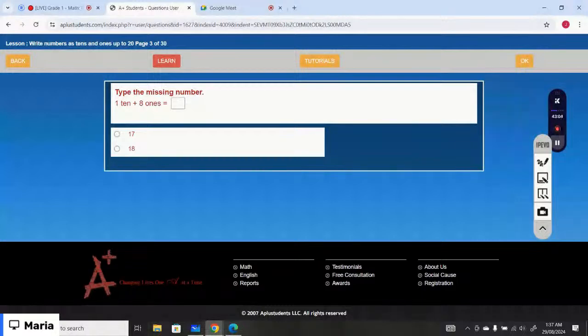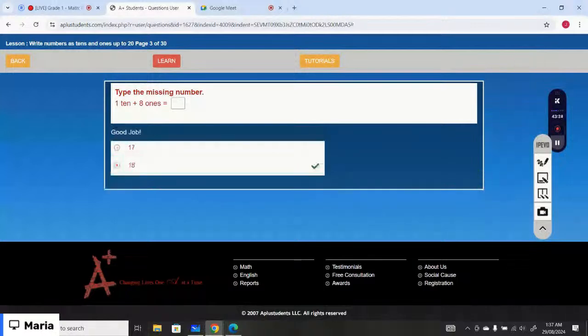Yes, together they make 18. 1 ten and 8 ones make 18. Option number 2 is the correct option. Got it?